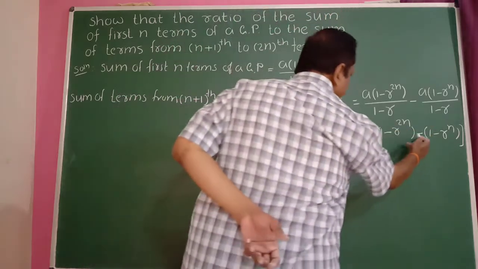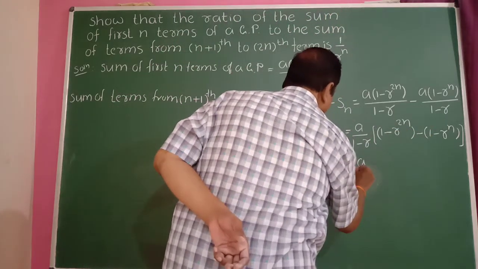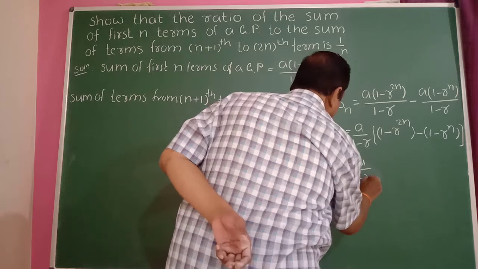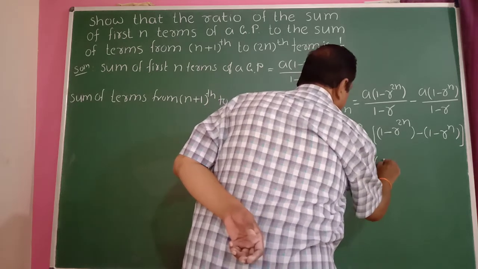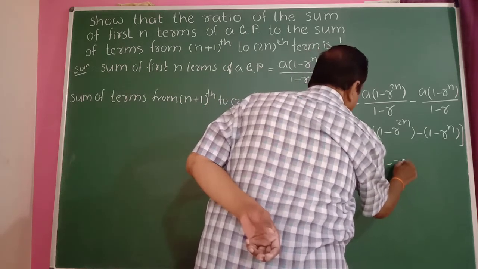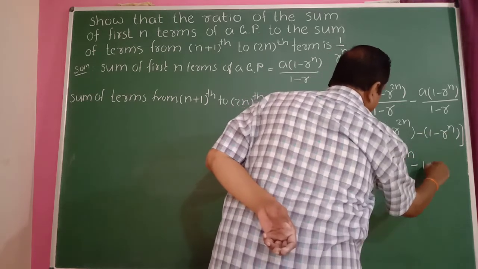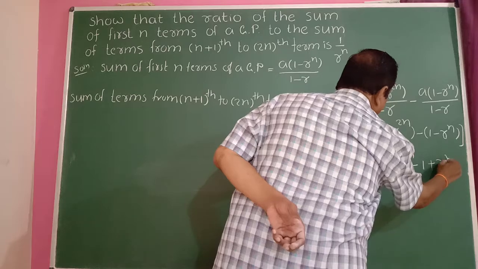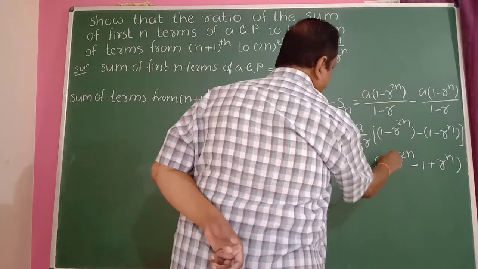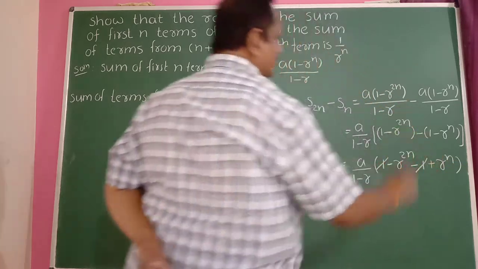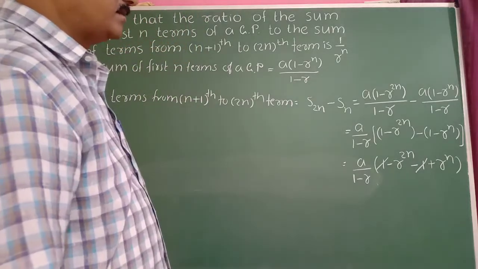Take the minus inside the bracket. Therefore a divided by 1 minus r into the bracket 1 minus r raised to 2n, minus of 1, minus into minus becomes plus r raised to n. Then plus 1 and minus 1 cancel.